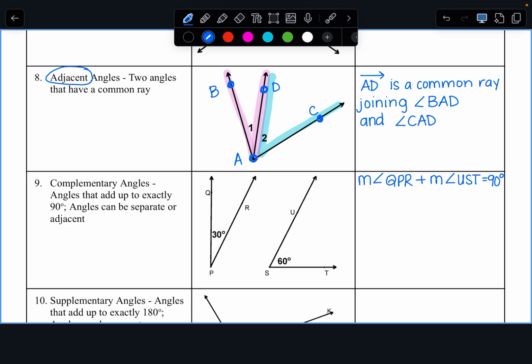That's how you know it's complementary, because those two angles add up to 90. The angle measurement of QPR is 30 degrees, and the measure of angle UST is 60 degrees.